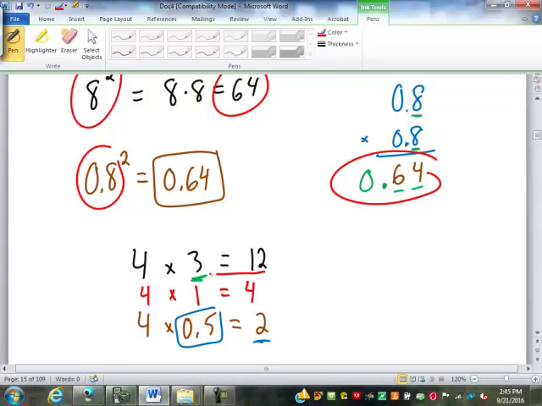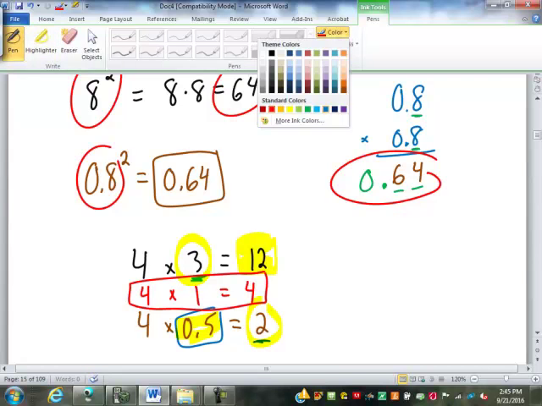Anything times 1 is itself, stays the same. We're used to multiplying by numbers that are bigger than 1, like our 3. So we're used to multiplication making things larger. But if we're multiplying by something smaller than 1, we're going to get something smaller than what we started with.